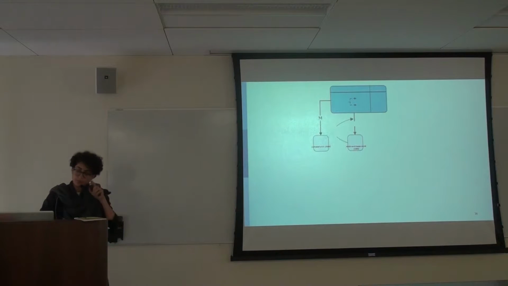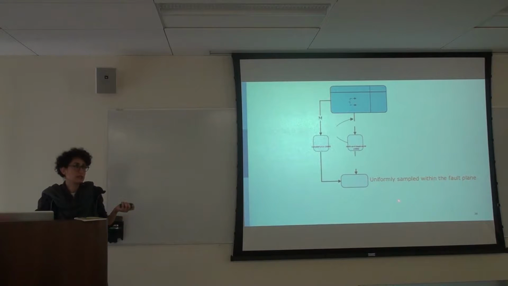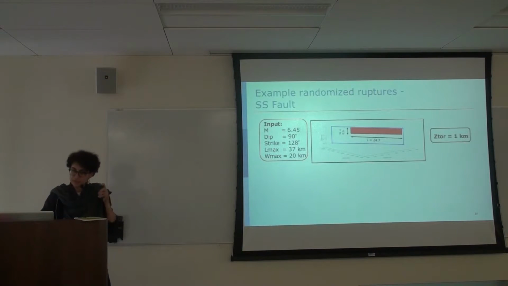Okay. So once we have the rupture dimensions and the depth to the top of the rupture, we can then generate the rupture plane, and we sample it uniformly from the full fault surface. And these are examples of randomized ruptures.